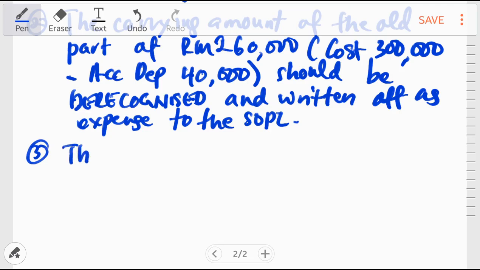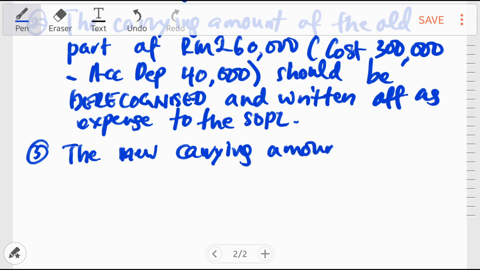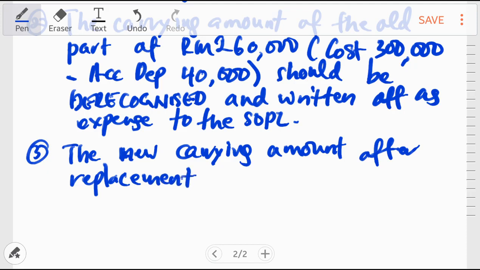So we go to the next one. Mention our new carrying amount. Remember, our new carrying amount is the one that we labeled earlier as the new carrying amount after replacement. So you just need to write down what you worked out earlier. Replacement is how much? 1.3. So refer to your workings.